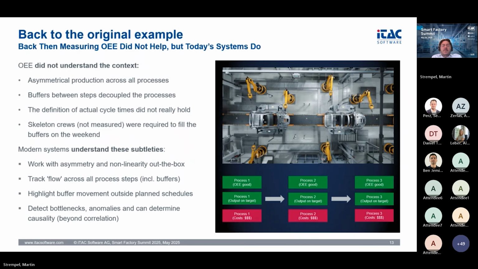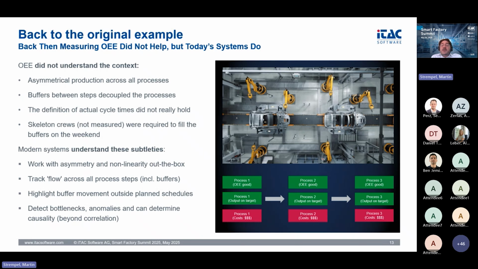So I will go back to our original example. In that case, I mentioned we had OEE over 90% in all three shops, right? But what didn't help us is when the flow broke down, we didn't see what the buffers were. The buffers weren't being monitored.